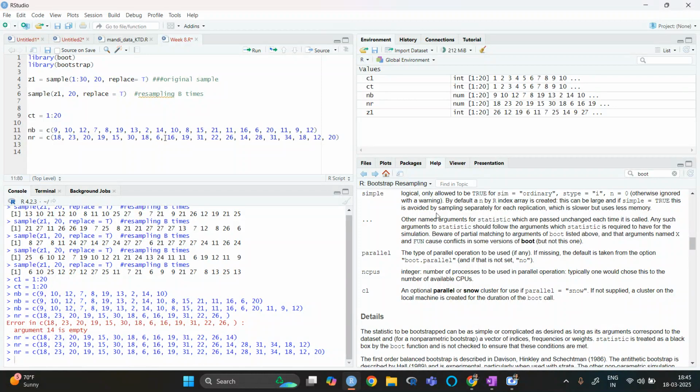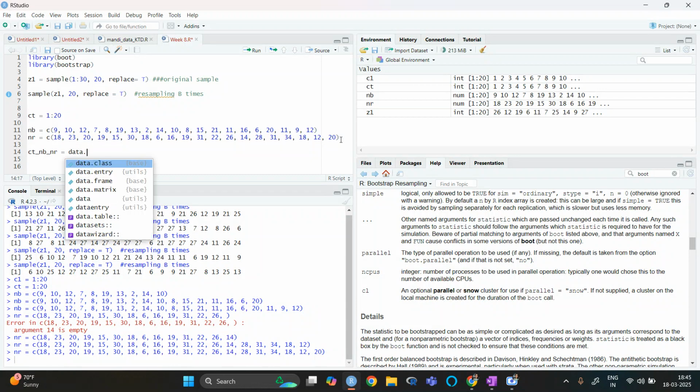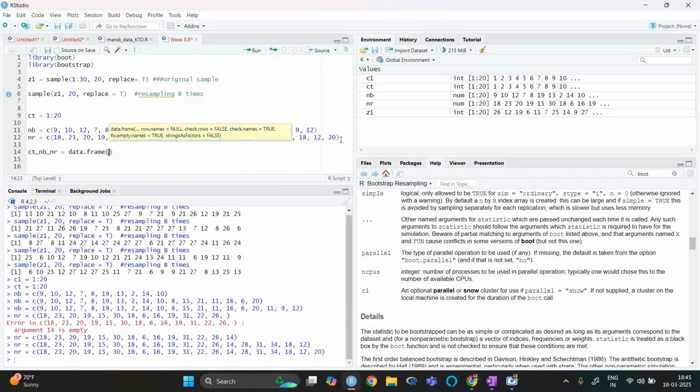for this particular one. Okay, so what we do is that firstly we make a data frame. I'm making the data frame as CT, NB, and NR, equal to data.frame, containing the CT, NB, and NR.